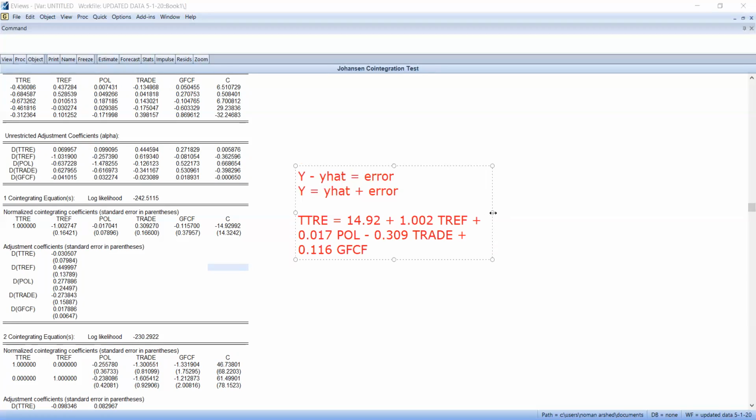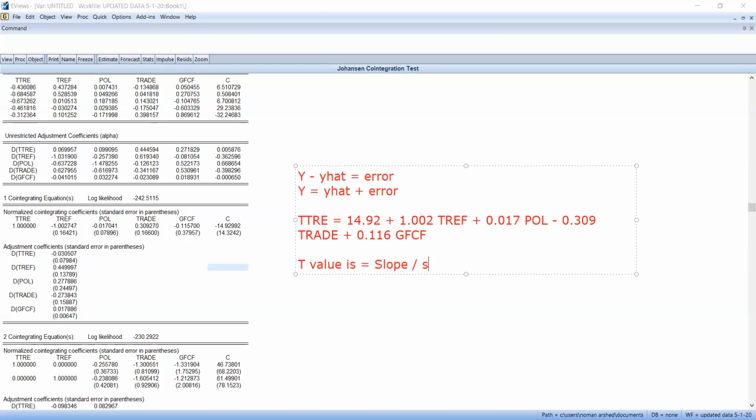Okay, and we have standard errors in the brackets, so you can divide and calculate the t value. The formula for t value is slope divided by standard error, and if it is greater than the absolute value of 1.96, ignoring the sign, then the particular variable is significant.